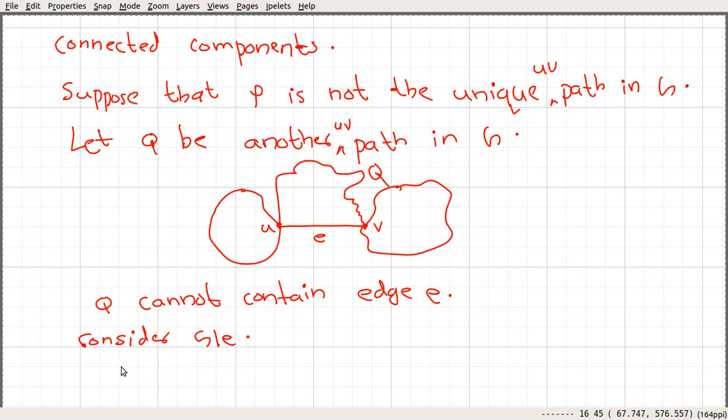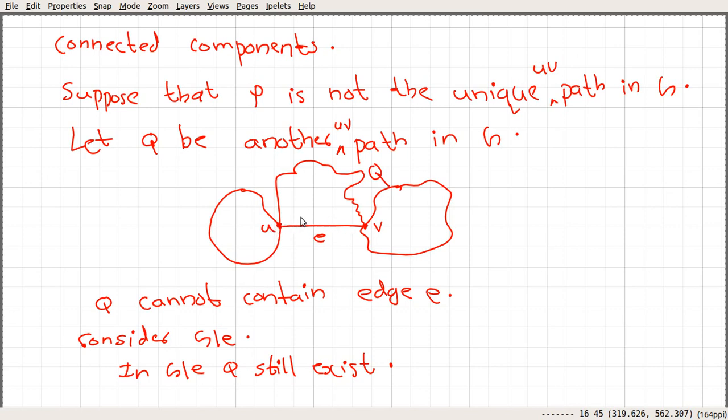Again we can see that in G minus E, this Q still exists because Q cannot contain this edge. So if you remove this edge E, nothing is going to happen to Q. By the definition of a cut edge, if you delete it, the graph must get disconnected.